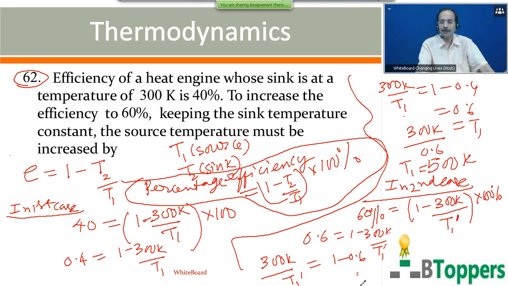Those who want to copy the working, please take a pause and copy the working and complete the calculation part yourself. Find the temperature T1 dash of the source in the second case. They have asked you to find the increase in the temperature of the source. That means first you have to find T1 dash, then you have to find the difference between T1 dash and T1. So those who want to copy the working, please take a pause and finish writing the working.